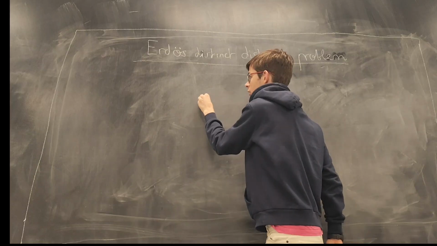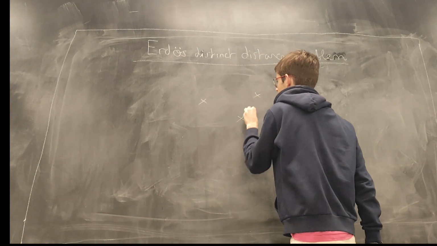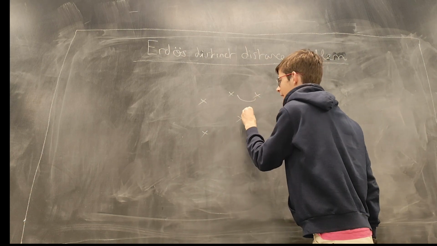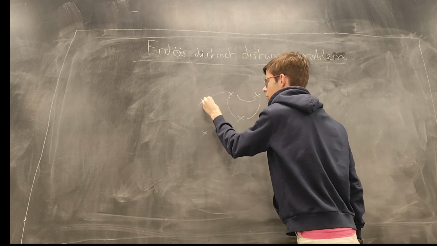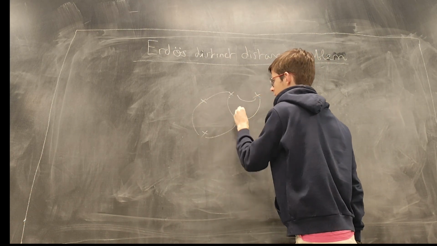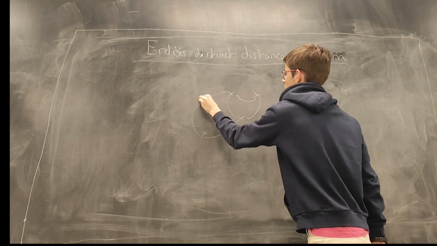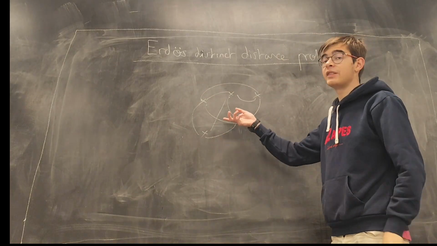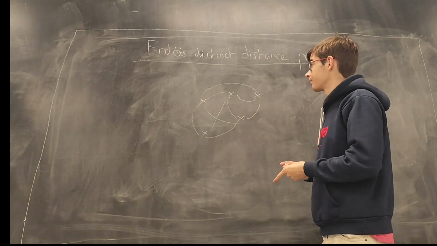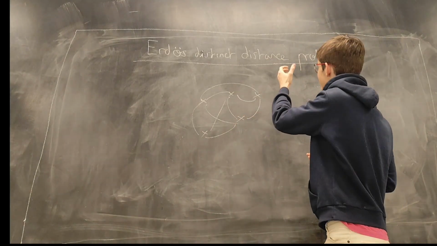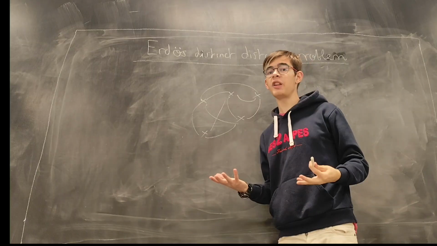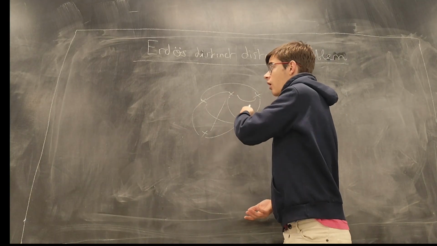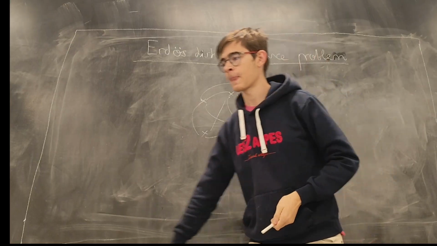So basically, you take a set of points in the Euclidean plane, you look at all the pairwise distances between points, okay? And you count how many distinct distances there are. And the distinct distance problem is to find the minimal number of distinct distances between a certain number of points.